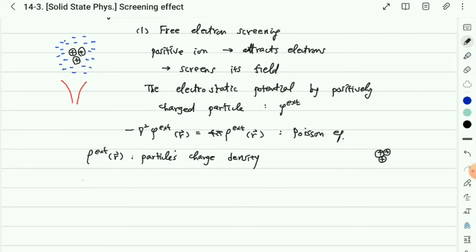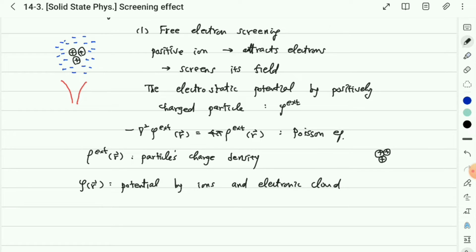Let's think about phi of r as the potential by the ions and the electron cloud, the electron and positive ionic charge cloud.